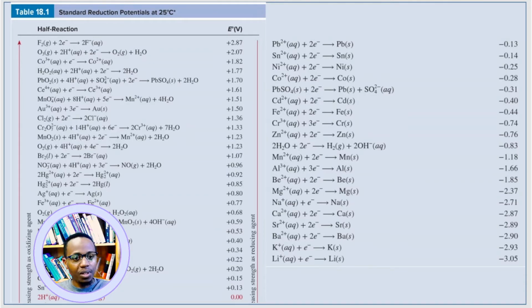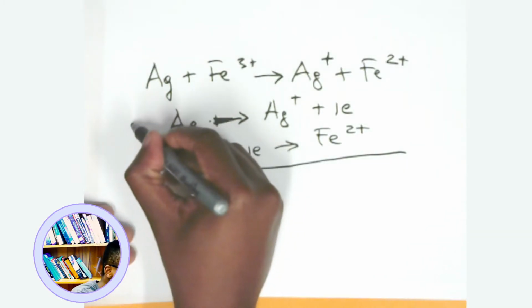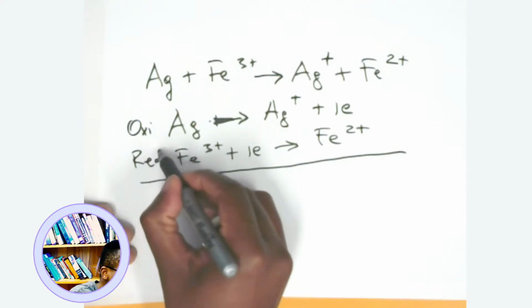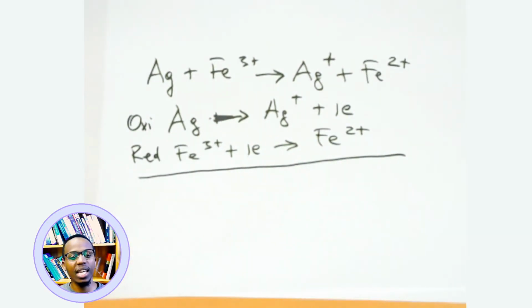So if you look at our equation right here, Ag undergoes oxidation, this undergoes reduction, right? And the table, we've already seen that the table shows us the reduction potentials. So whenever you have oxidation, it's the opposite of reduction.